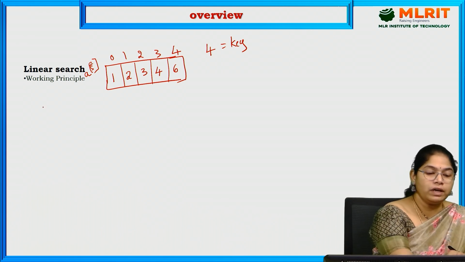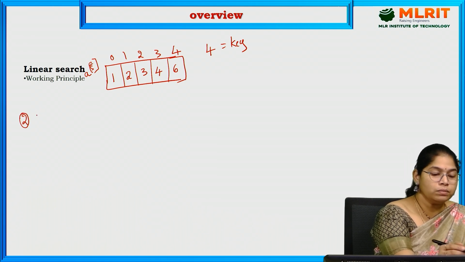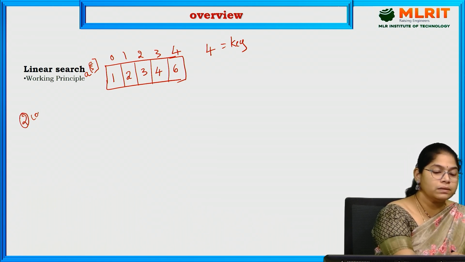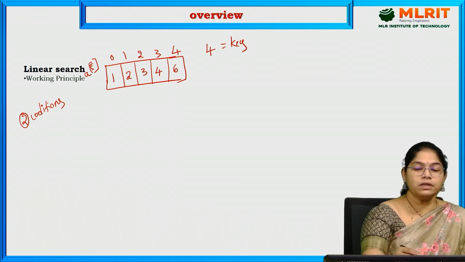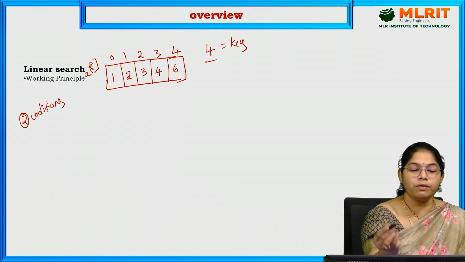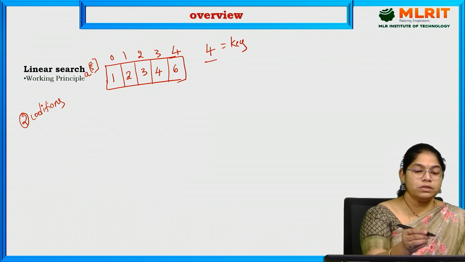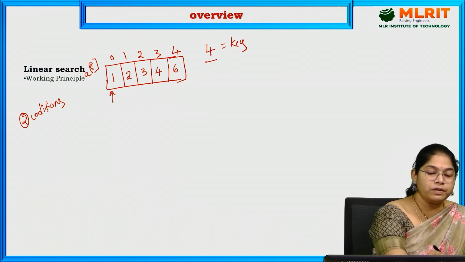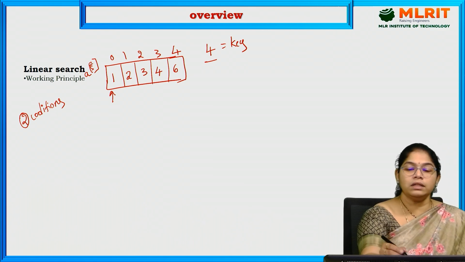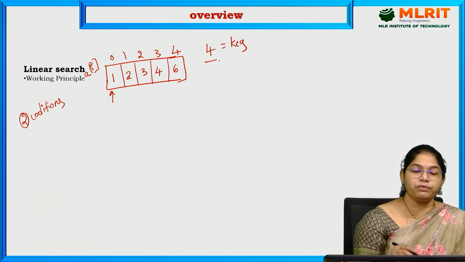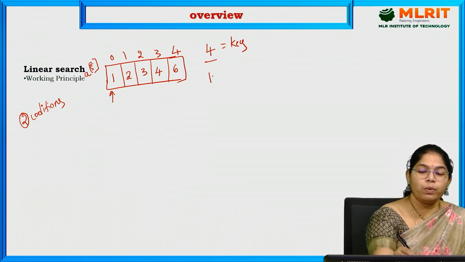Here we have two conditions. First I want to search whether 4 is present in the given list or not. It will start from the first element, that is 1; the key element, the target element, is 4. Now, is 1 equal to 4?